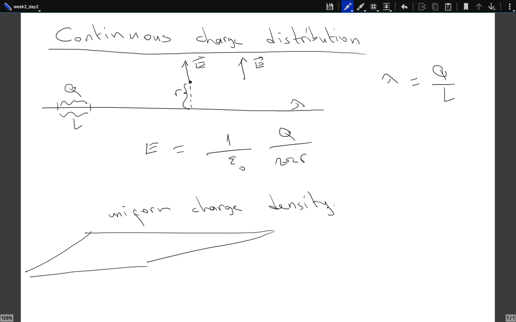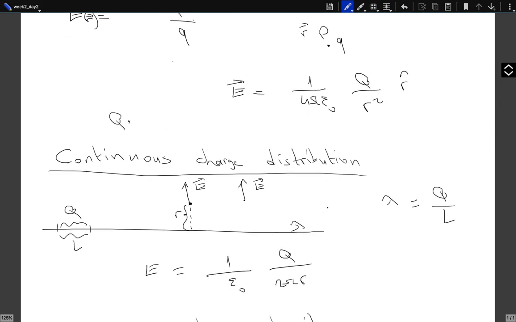Now, if you remember what we did in the case of an infinite wire, the infinite wire is not a point charge, so we cannot directly use Coulomb's law. In fact, the end result has a somewhat different form than the electric field in Coulomb's law, because Coulomb's law is essentially valid only for point charges.